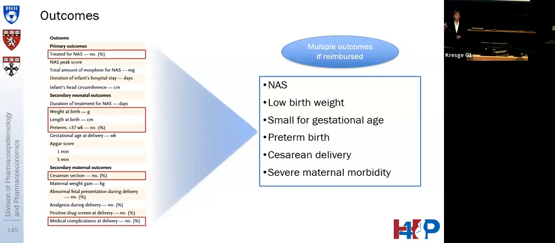So now I list here the subset that we were able to look at. Some of the other outcomes that the MOTHER trial looked at, like for example APGAR score or maternal weight gain or abnormal fetal presentation during delivery, unfortunately are not the type of outcomes that you can study with these data sources.